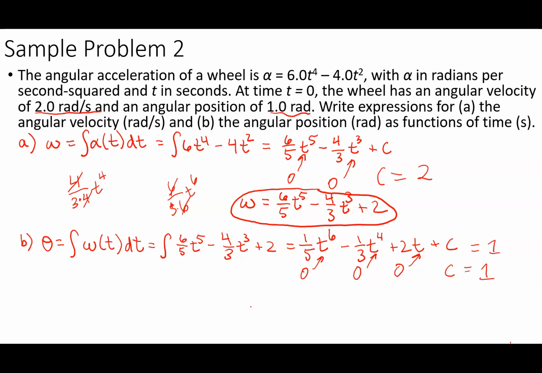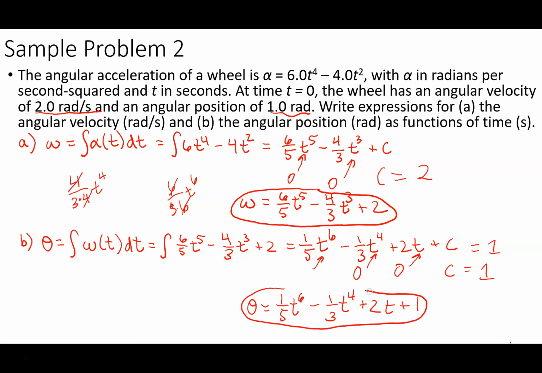So our full expression for angular position as a function of time, sorry about that, is 1/5 t to the sixth minus 1/3 t to the fourth plus 2t plus 1. So hopefully you know how to use rotational kinematics within the context of calculus now.